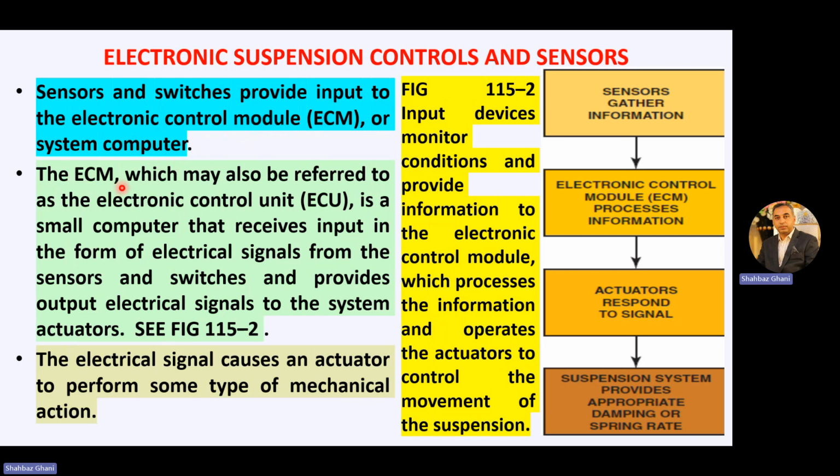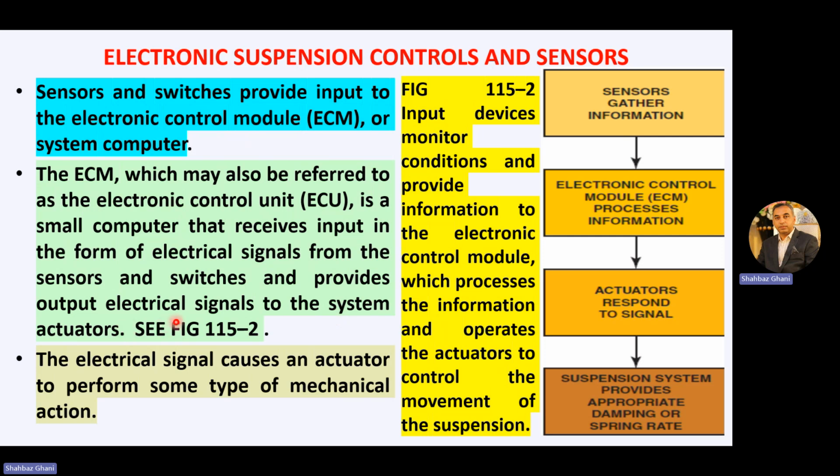The electronic control module, which may also be referred to as the electronic control unit, is a small computer that receives input in the form of electrical signals from the sensors and switches and provides output electrical signals to the system actuators.